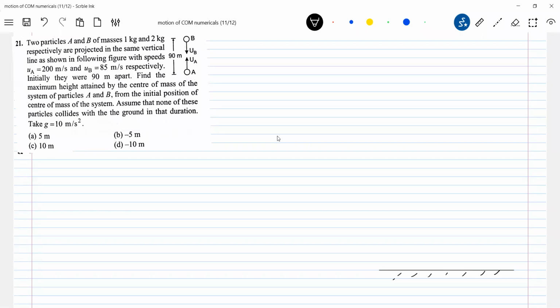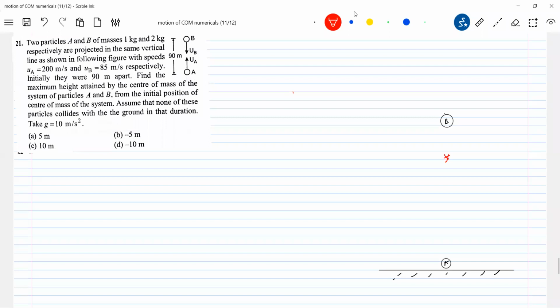This is ball A and this is ball B. Find the maximum height attained by the center of mass of the system from the initial position of the center of mass. Which is A? A is 1 kg, this is 2 kg. So the center of mass should lie nearer to the heavier mass.